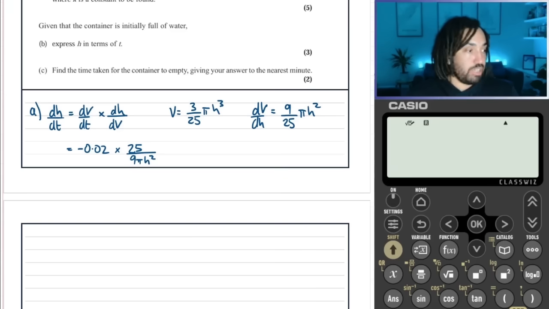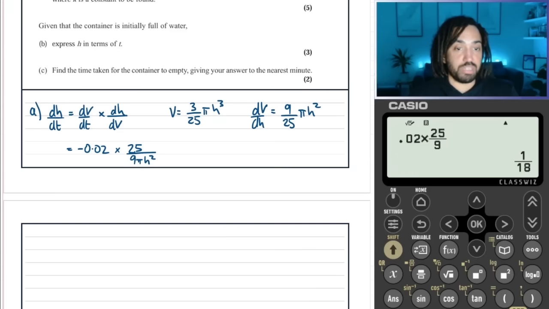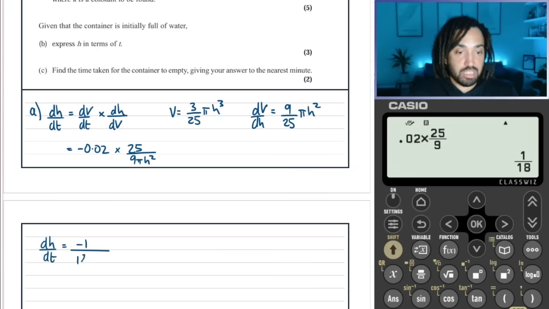Great, so now let's do 0.02 times 25 over 9, so it'll be 1 over 18, but negative, of course, and there'll still be the pi and the h squared on the bottom. So dh by dt is equal to negative 1 over 18 pi h squared.